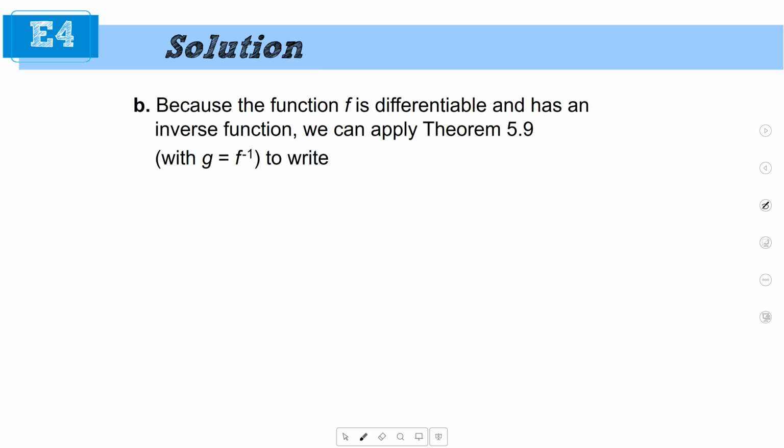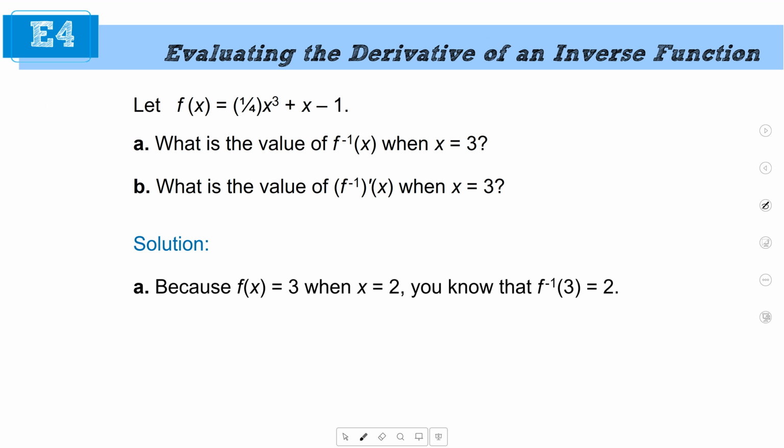Okay, so let's do this example. I started with a function f of x. First of all, I have to figure out something, because I'm going to end up finding this. This is the ultimate part of the problem: what is the derivative of the inverse at the point x equals 3?